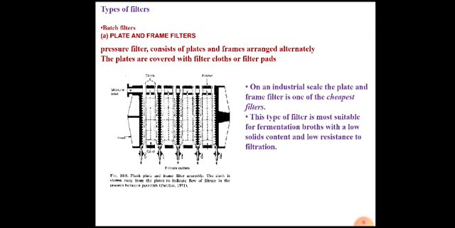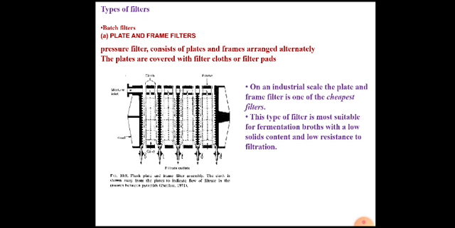On industrial scale, the plate and frame filter is one of the cheapest filters, most frequently used in several industries. This type of filter is most suitable for fermentation broth with a low solid content. Otherwise, if it contains high solid content, the filters may get blocked and the filtration will stop.